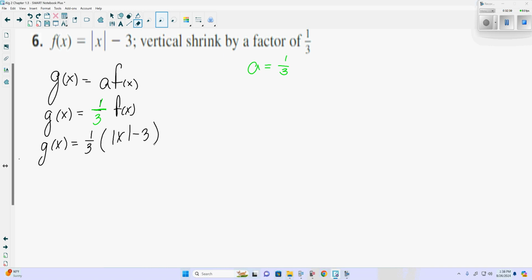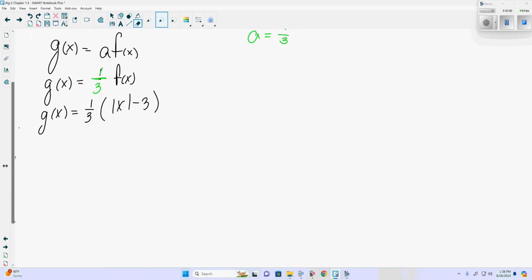And the next step would be replacing f of x with its function. So we have 1/3 parentheses absolute value of x minus 3. And the last thing we need to do before simplifying is to distribute this 1/3 to every term in our parentheses.